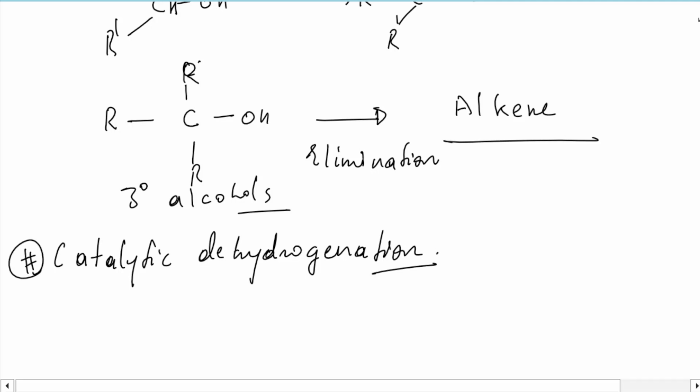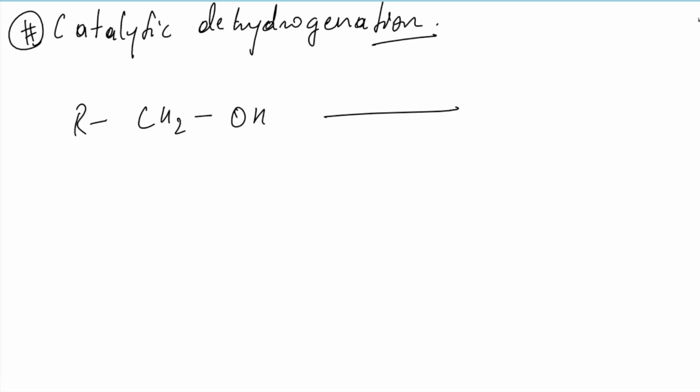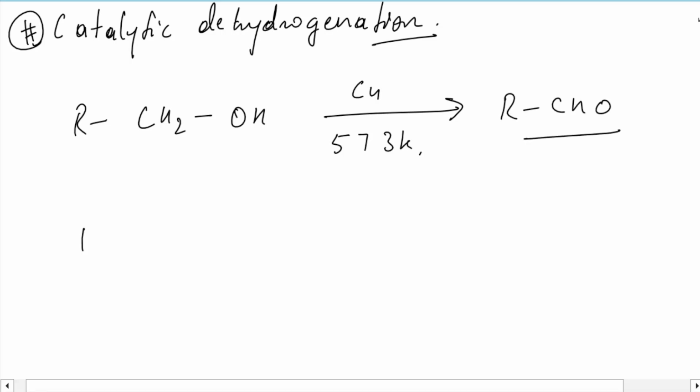So what is catalytic dehydrogenation? It's simply that the alcohol is heated in the presence of some metal like copper at 573 Kelvin, a very high temperature, and it will yield you aldehyde. And if it's a secondary alcohol, what will it yield?